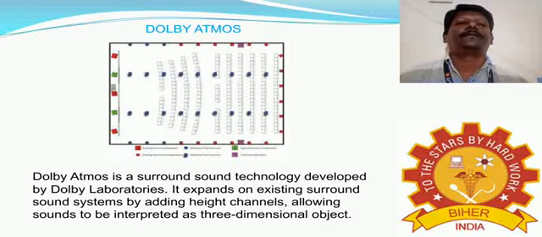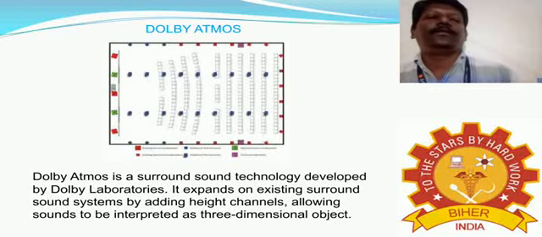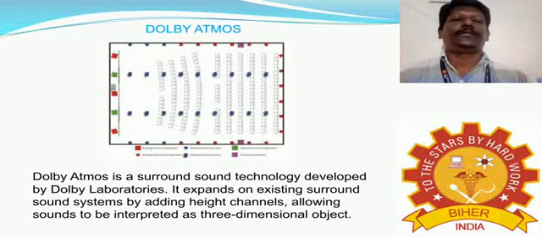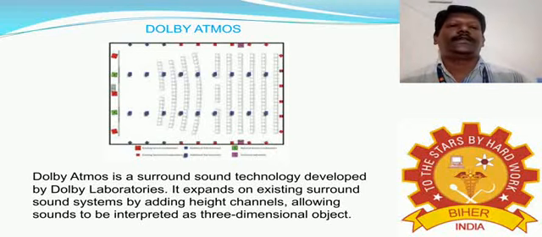This Dolby Atmos supports a maximum of 128 audio tracks. So it has center, left, right, left surround, right surround, rear surround, and also ceiling speakers.